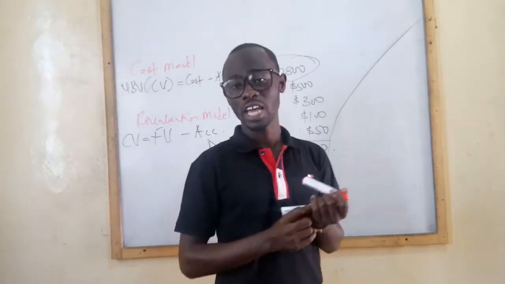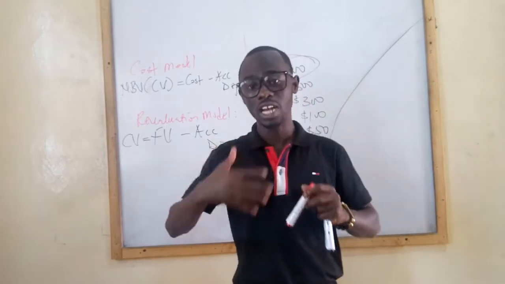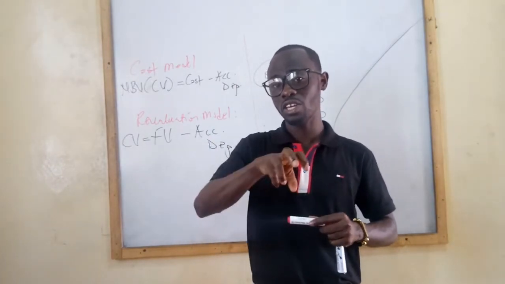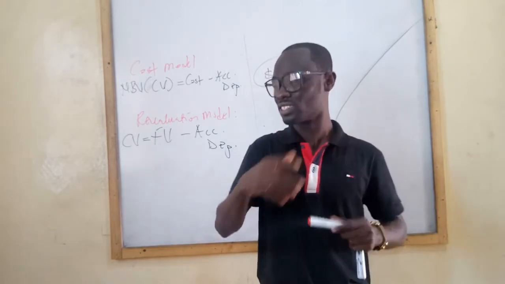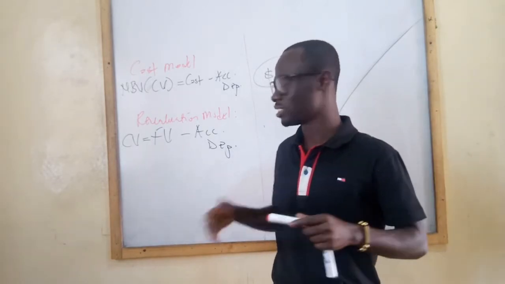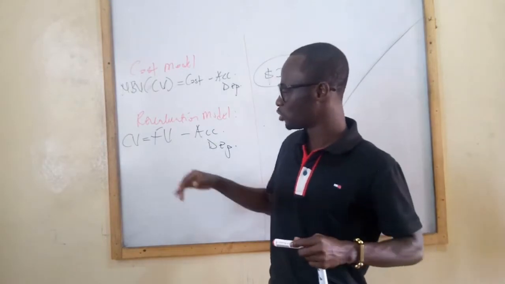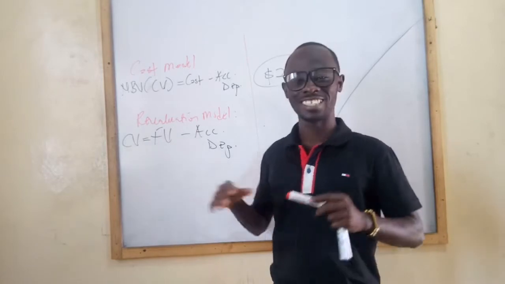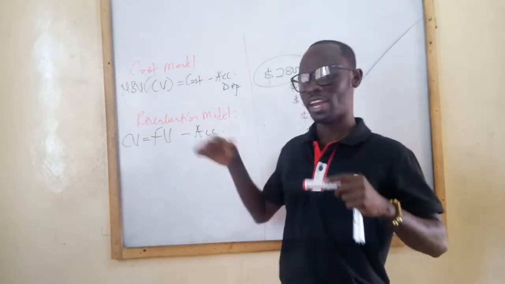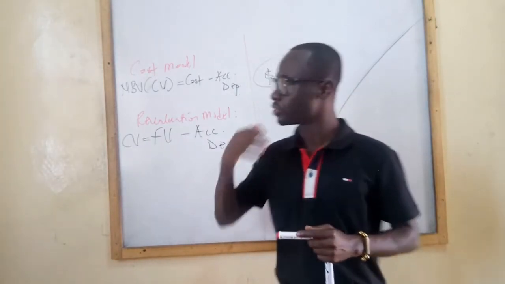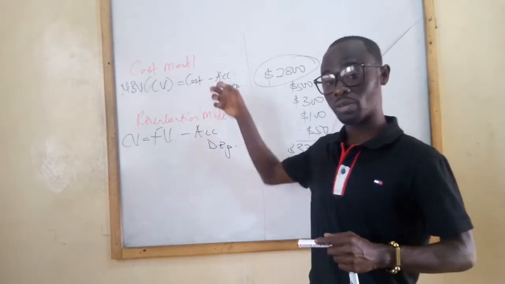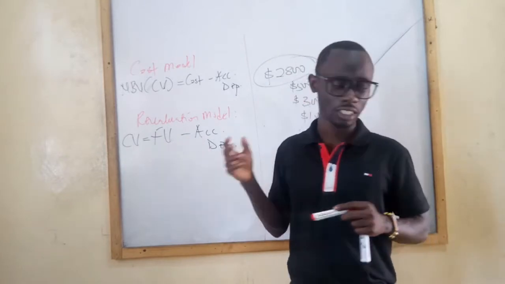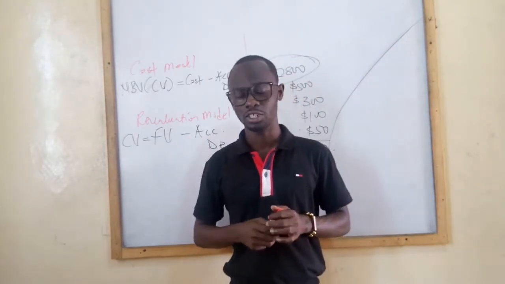The fair value of the asset is the same as the revalued amount of the asset. Yeah, we can say revalued amount of the asset; that would be too much repetition. So that is what we mean by the revaluation model. So cost model, cost minus accumulated depreciation. Revaluation model is the fair value of the asset minus the accumulated depreciation.